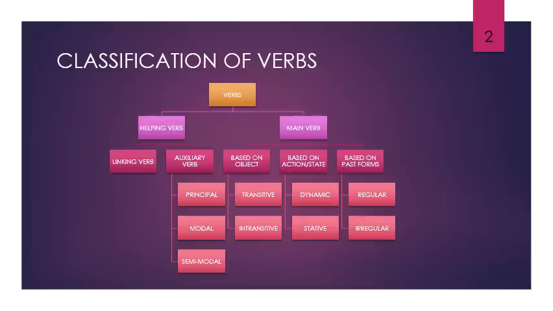On the other hand, main verbs may be based on object, action or past forms. Based on object, we have transitive and intransitive. Based on action, we have dynamic or stative verbs. For the third kind, based on past forms, we have regular or irregular verbs. Let us discuss all these in detail.